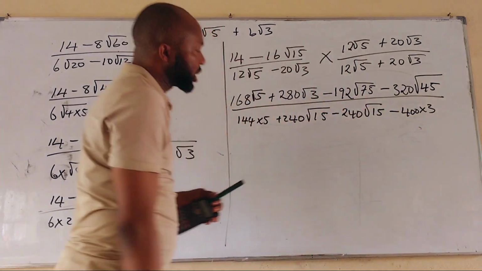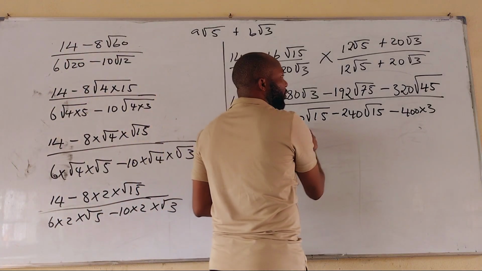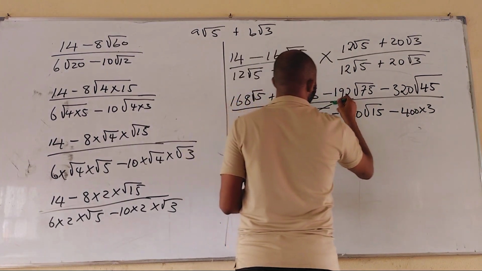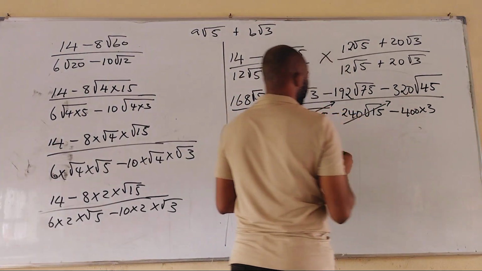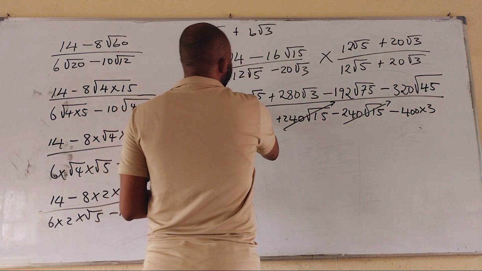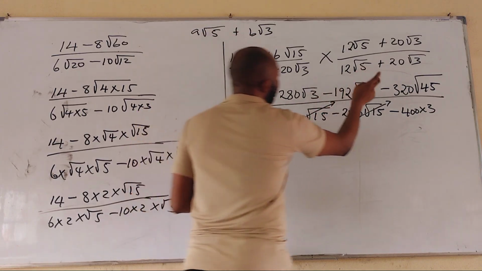So now let's proceed. Now, we have 240 root 15 minus 240 root 15. This will cancel out to 0. Now let's go back up. I have 168 root 5. I can simplify this further.